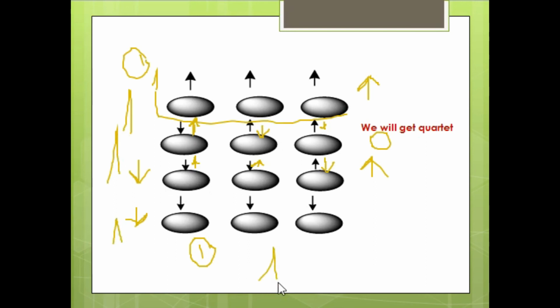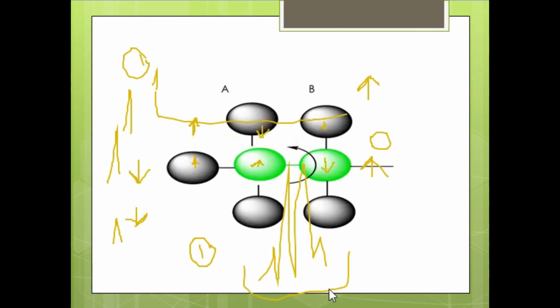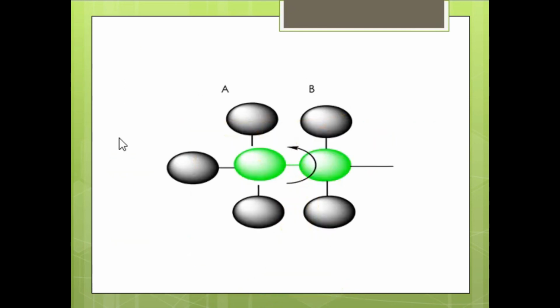So our quartet appears as follows. Let's clear it and draw it again. Our methylene hydrogens appear as single and interact with these three hydrogens of the methyl to give us a quartet. I hope you have understood it very well.